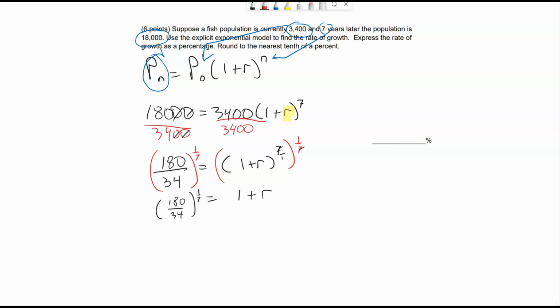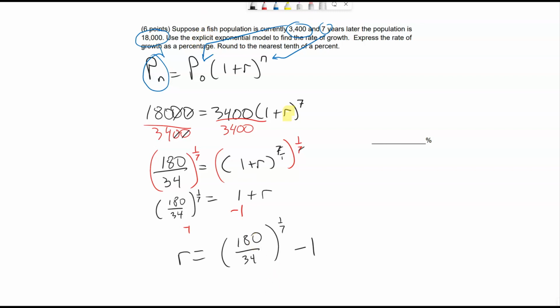All right, last thing, we need to subtract 1. There's not really a nice place to put it here, but when I write it down again, I'm going to write the r equals on the left side, r equals. I would have this 180 divided by 34 to the 1/7 power minus 1.